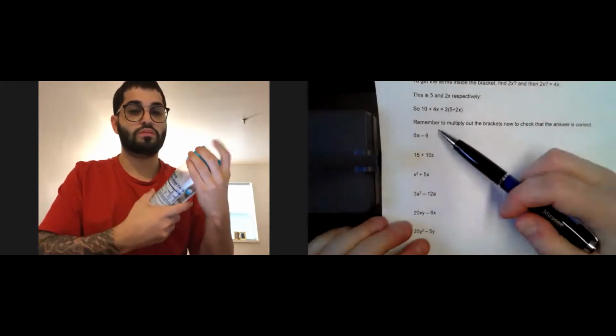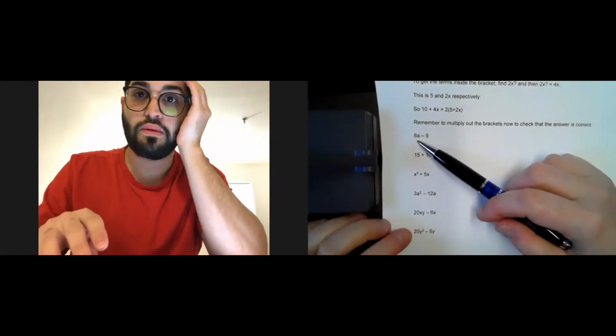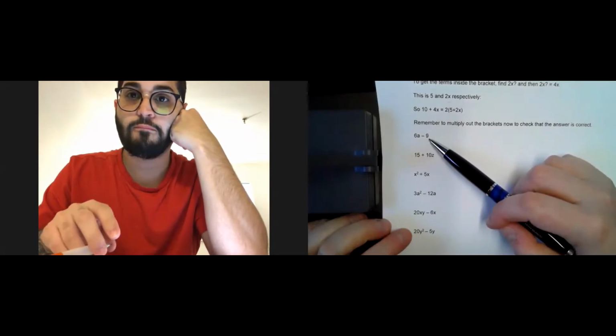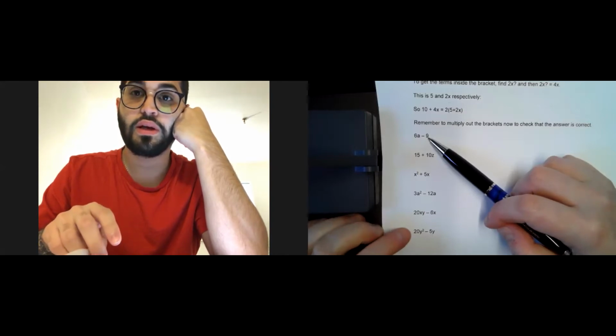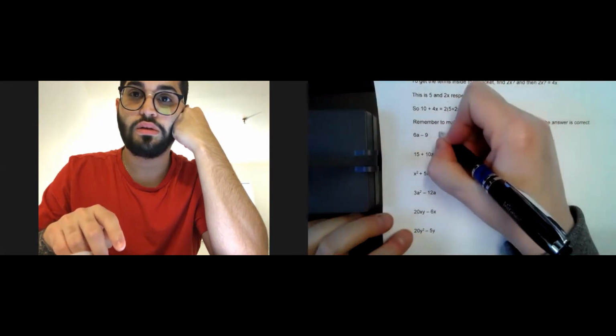So what we're looking for here with this 6a minus 9 is a number that goes into both 6 and 9. Three can go in there. Yes. Right? And so you're absolutely right. It's going to be 3.